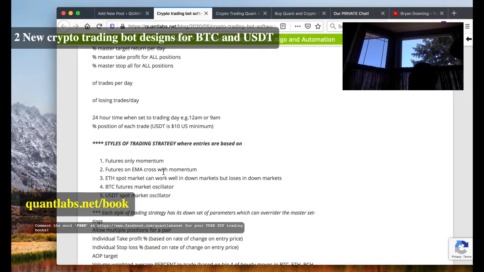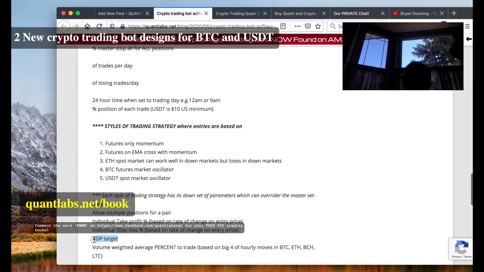But at the end of the day, this is what this bot's about, is to give you a target level when a position is put on. You get that signal so that you can control what you want the percent move to be to get out of the position. Or if it starts losing, you have that control on the stop loss side. The AOP may or may not work. I can't say.